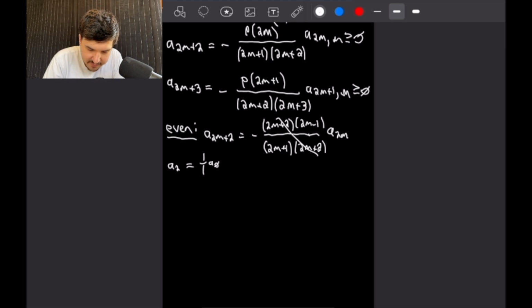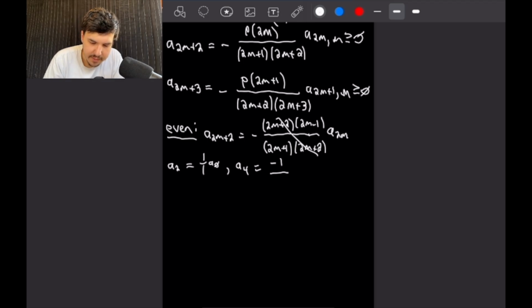So keeping that in mind, let's go ahead and calculate our a sub 4 here, our next even coefficient. So when we have a sub 4, our m will be equal to 1. So let's go ahead and plug that into our equation. Well, when m is equal to 1, our numerator will be 2 times 1 minus 1, which is just 1. So we'll have a negative 1 in our numerator there. So negative 1.